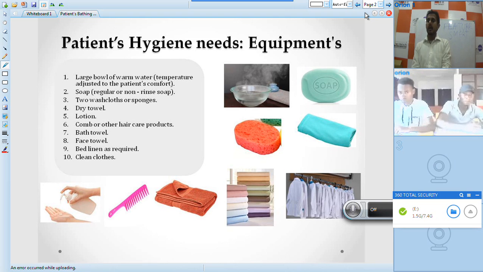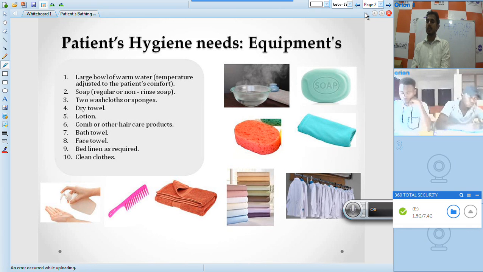Then dry towel, lotion, comb, hot towel, face towel, bed linen, or clean cloth. The towel must be separate for the face and the bathing purpose.